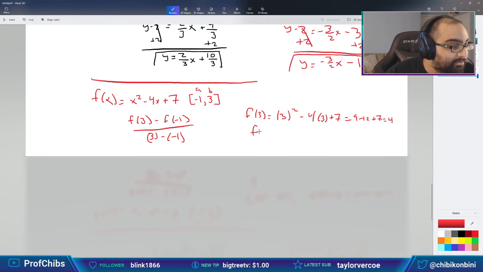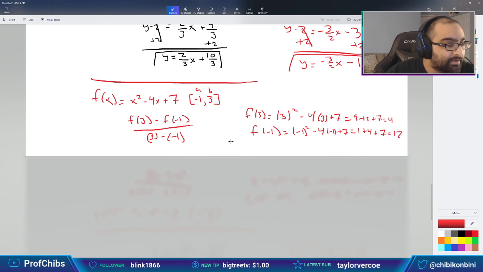Now we'll try f of -1. Easy peasy lemon squeezy. We get -1 squared minus 4 times -1 plus 7. So here we get 1 plus 4 plus 7, which is 12.